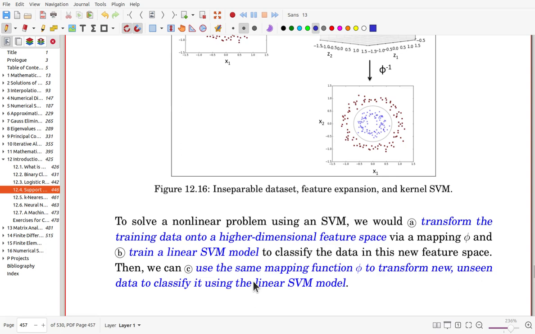Then we use the same mapping function phi to transform a new and unseen data point to classify it using the same linear support vector machine model. So that's the idea of the kernel support vector machine.